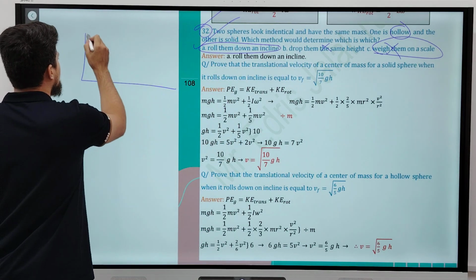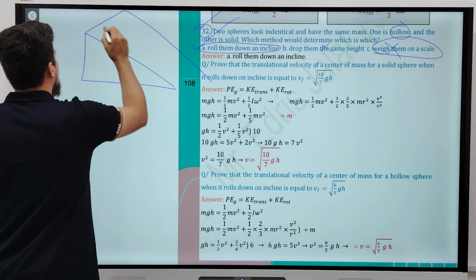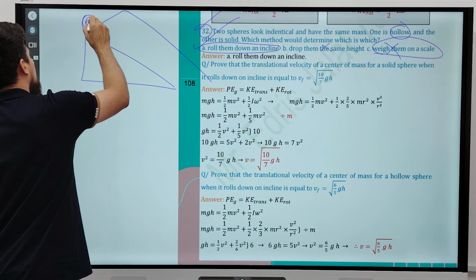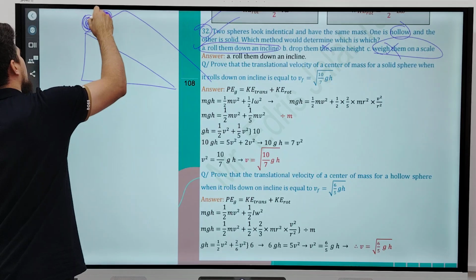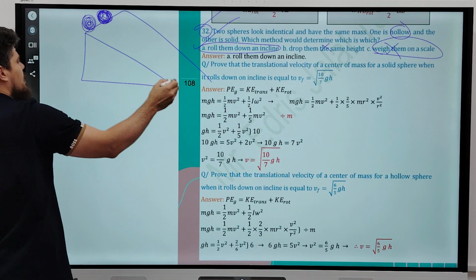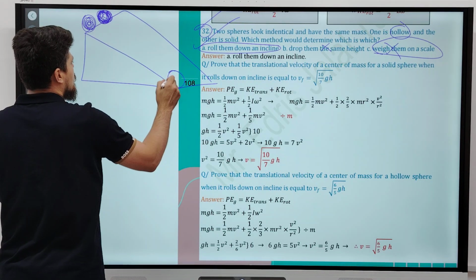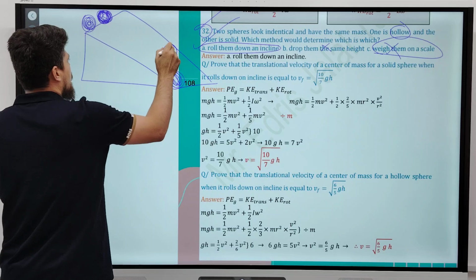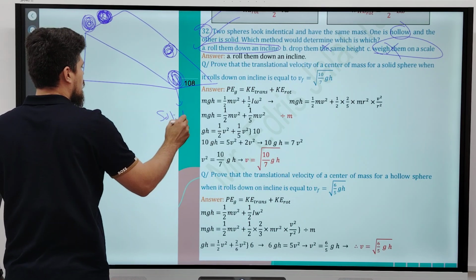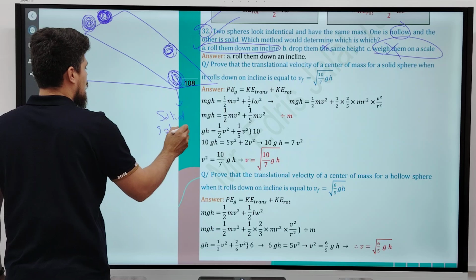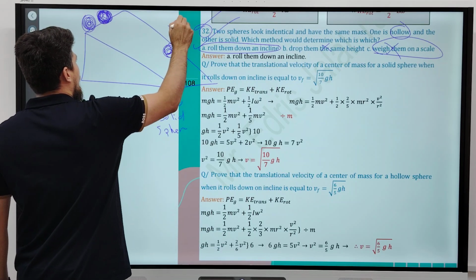If you roll them down an incline, assume that this is the solid sphere and this is the hollow sphere. Which one reaches the bottom of the incline first? Absolutely the solid sphere. This is the solid sphere and this is the hollow sphere.